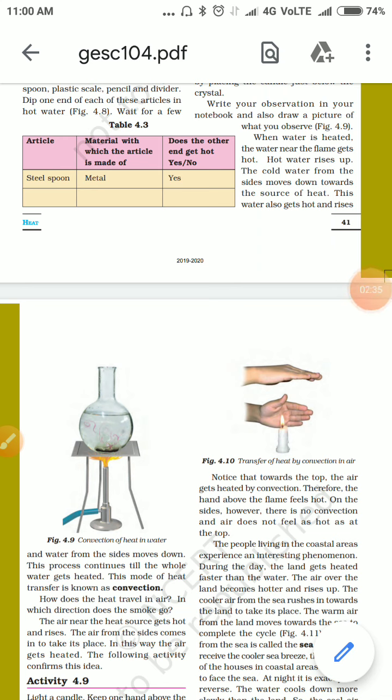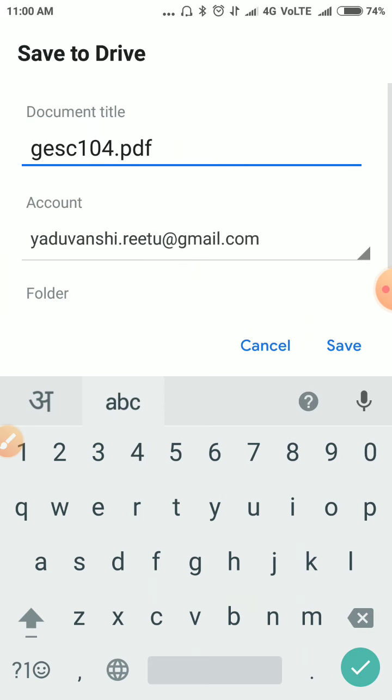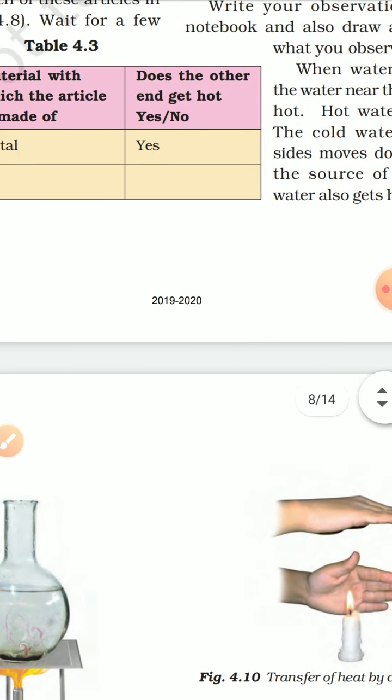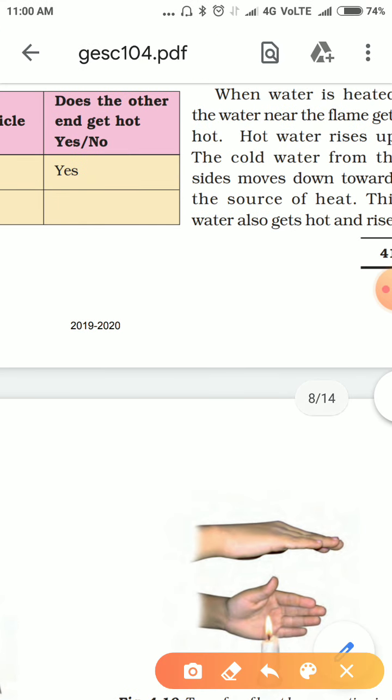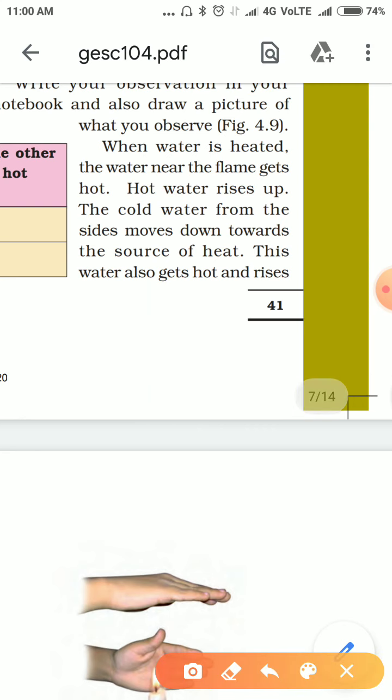This happens because the water that is at the bottom, near the flame, gets hot. It gets hot. Then hot water rises up.